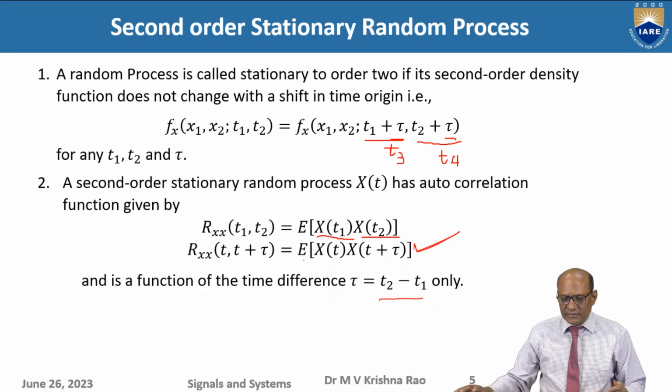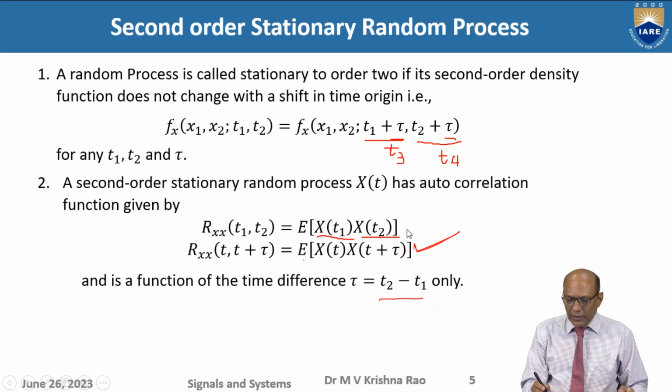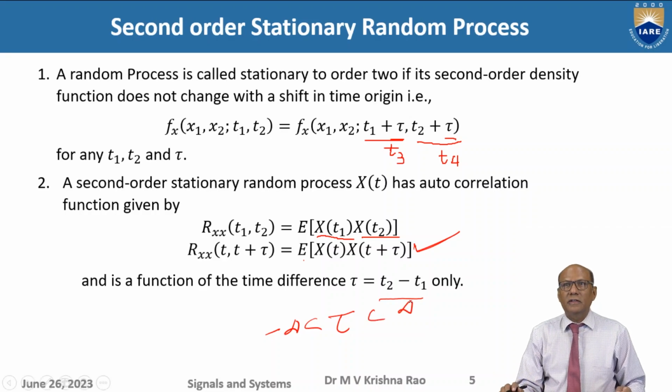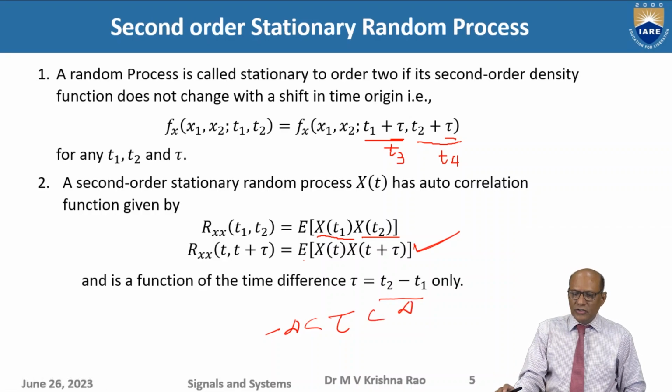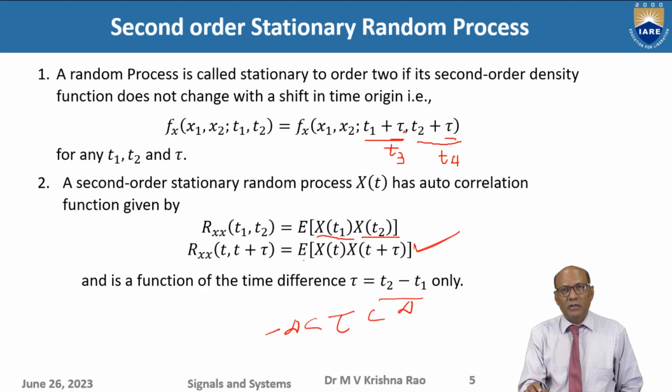So that is the tau parameter. Theoretically, tau can take values from minus infinity to plus infinity. The waveforms, T1 and T2, are between minus infinity and plus infinity, and tau is also between minus infinity and plus infinity.